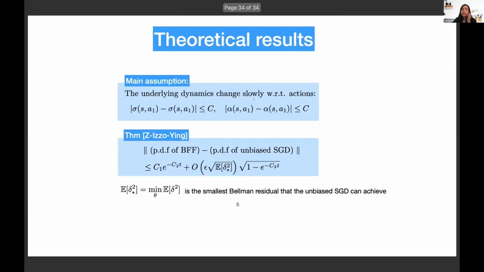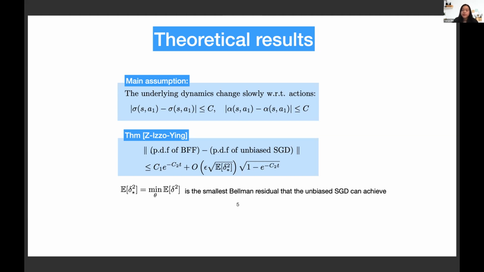And we also have a pretty good theoretical guarantee for this method. So the main assumption is that we need to assume the underlying dynamics change slowly with respect to actions. So basically, we require the diffusion term and the drift term, the variation of these two terms in action space, need to be bounded by a constant.